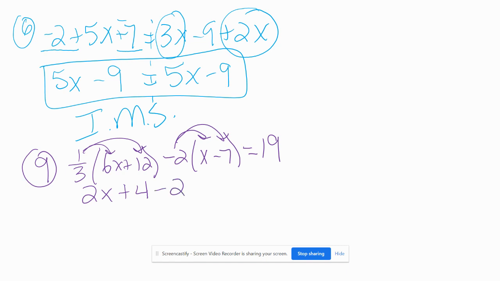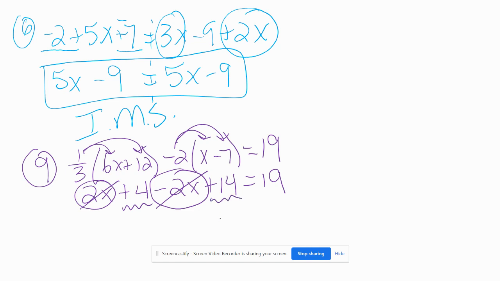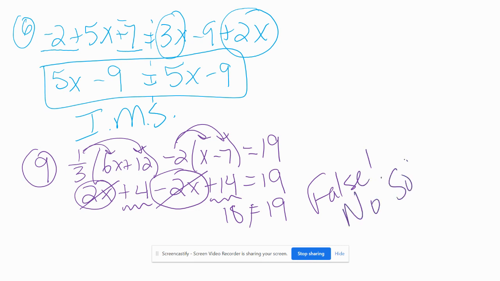Negative 2 times x is negative 2x. Negative 2 times negative 7 is positive 14. If I work on like terms here, I have 2x minus 2x. Well, that's 0. 4 plus 14 is 18. So what I'm left with is 18 equals 19. That is definitely not true. And so that means this has no solution.